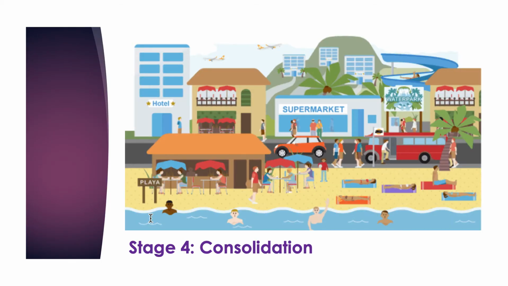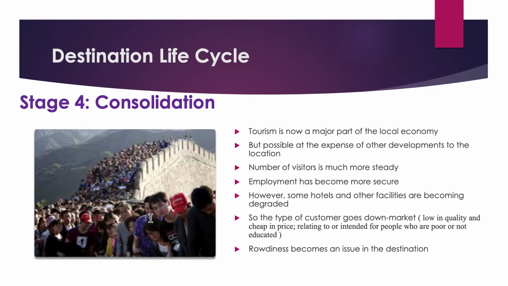Stage 4, consolidation. Consolidation is the stage where the number of visitors is higher than the permanent residents. The local economy is dominated by tourism at this stage, as you can see, okay, terribly crowded with tourists.